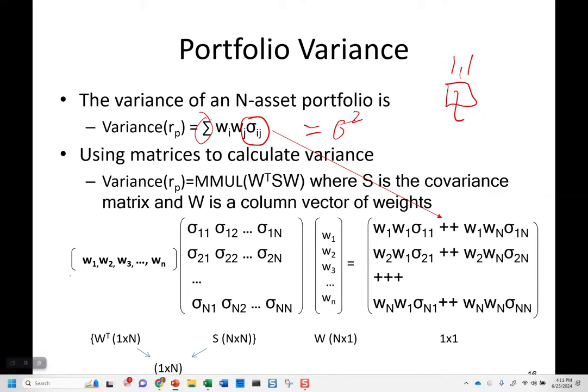How do I get that? Well, I'm actually going to take a row of weights, 1 by n, times the covariance matrix. Now, the covariance matrix is square, so we'll say it's n by n. I'm allowed to multiply a row vector of weights times a covariance matrix because they have the same inner dimensions, and the new resulting matrix is a 1 by n.